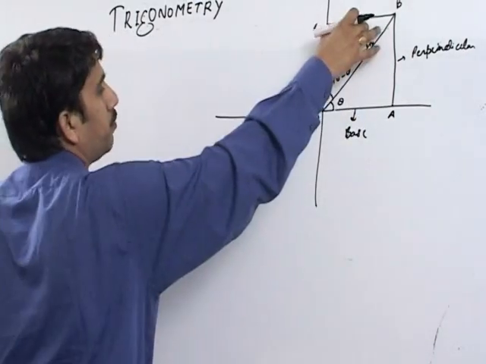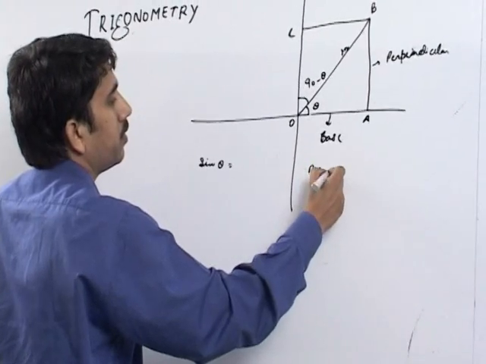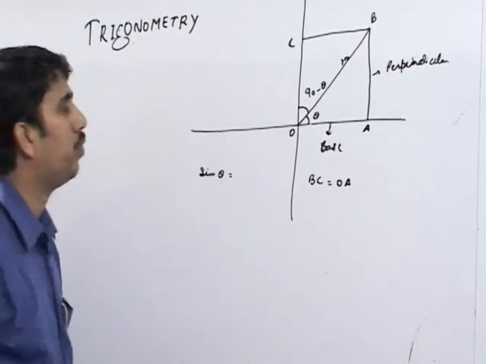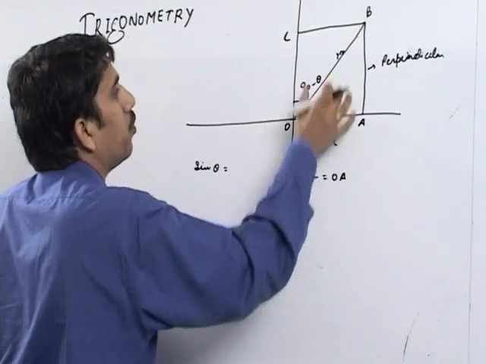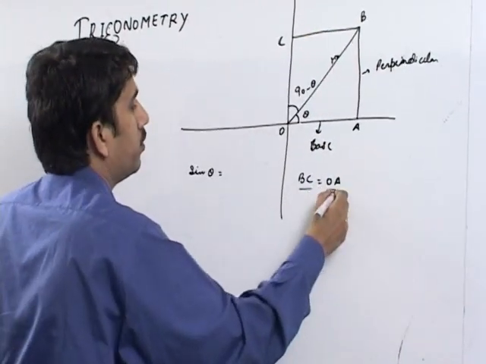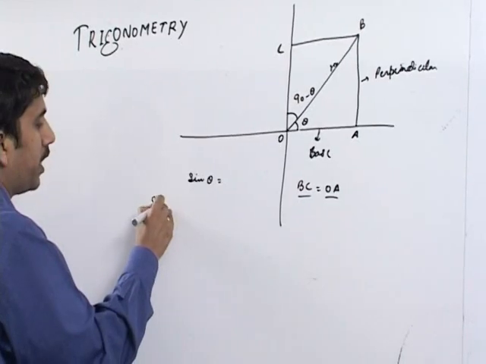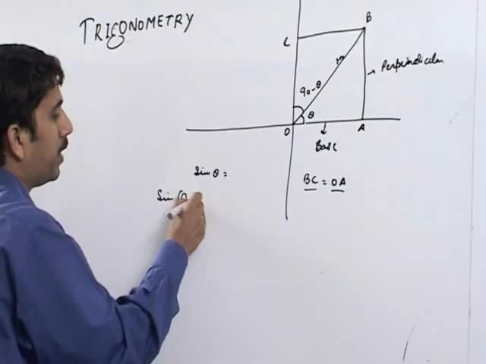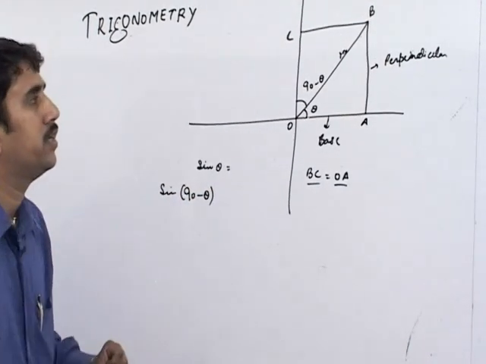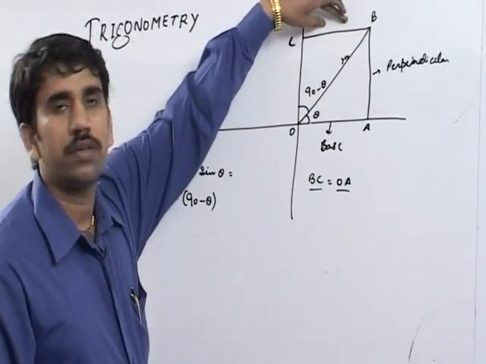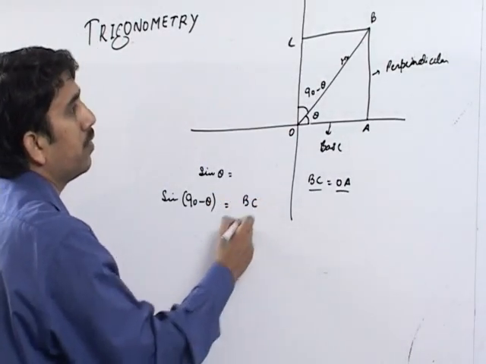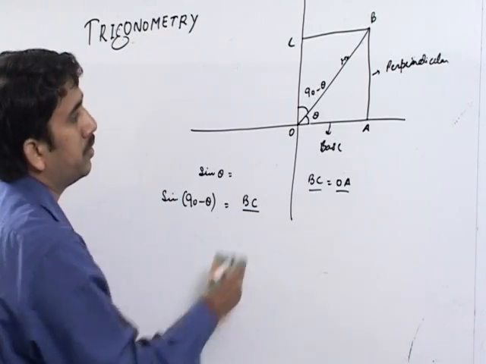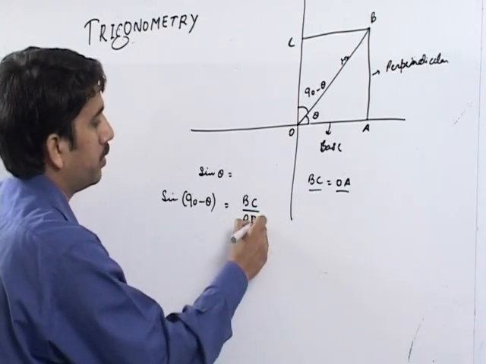Now the length BC is equal to OA. If you take sine of 90 minus theta, then this will become perpendicular BC over OB.